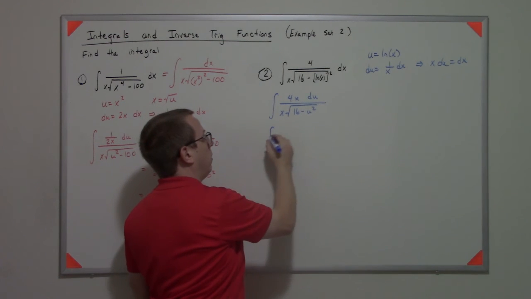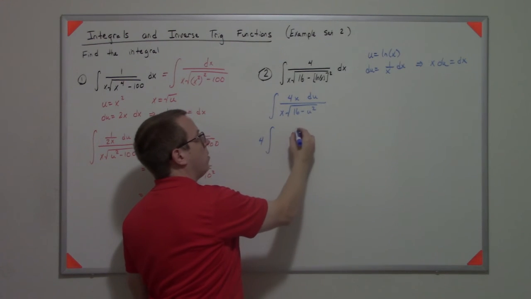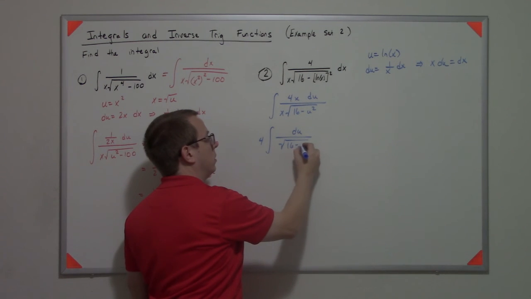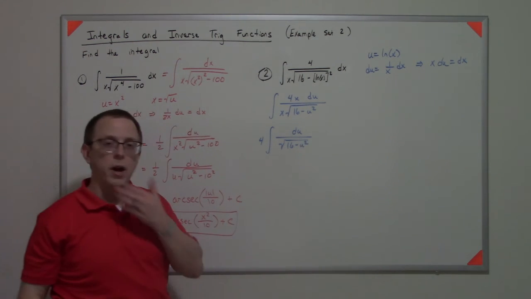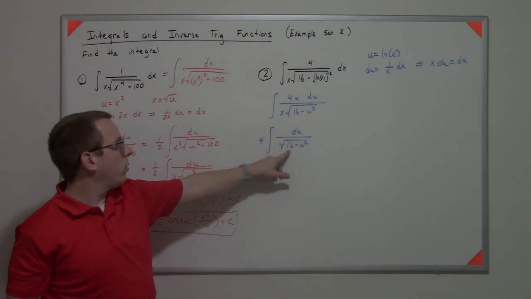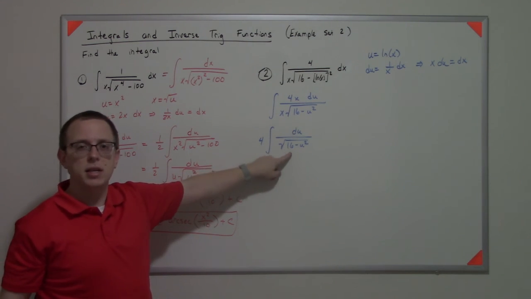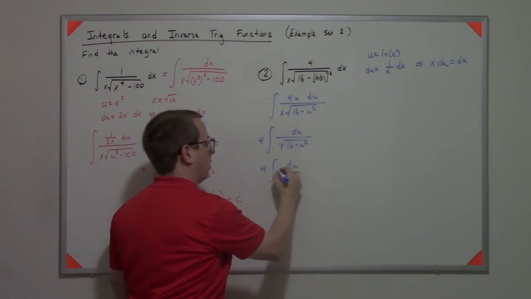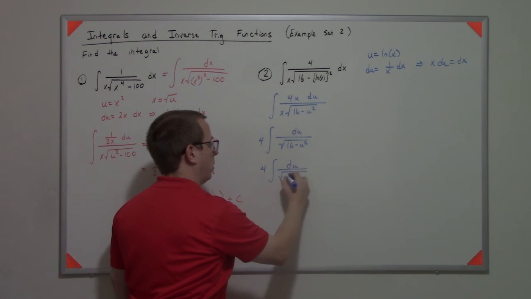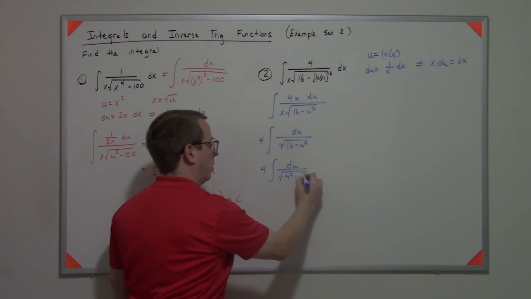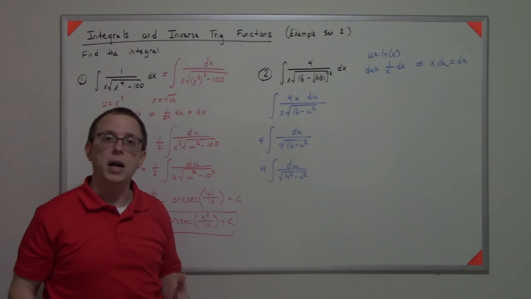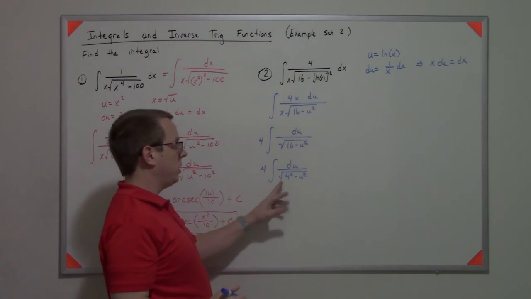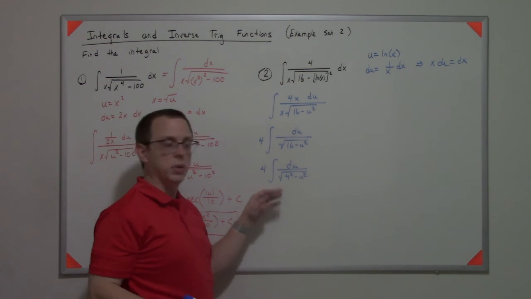So I'm going to pull this 4 out. And then what I recognize is that I can rewrite this as something squared. So then I can use the arcsine formula, because this is an arcsine template.